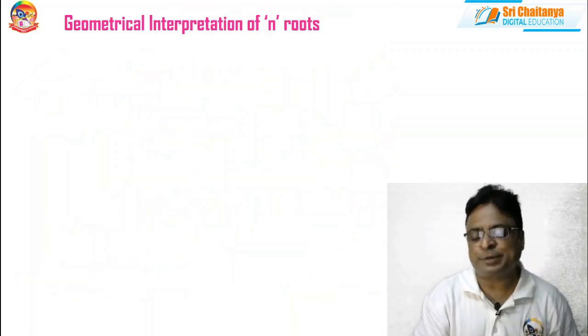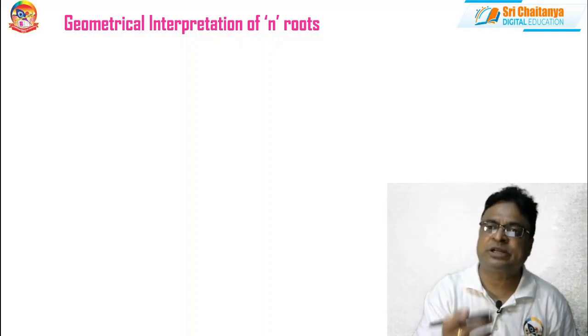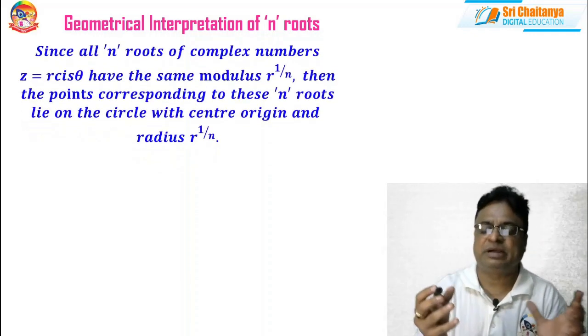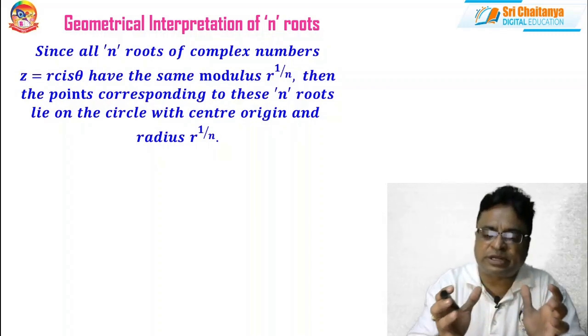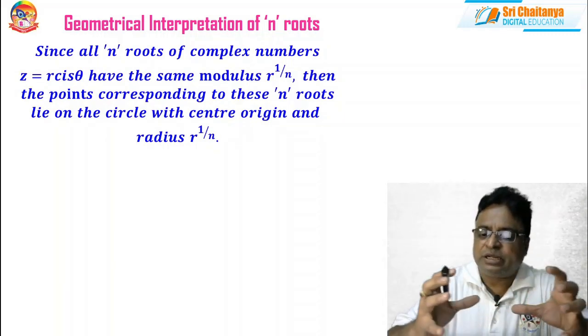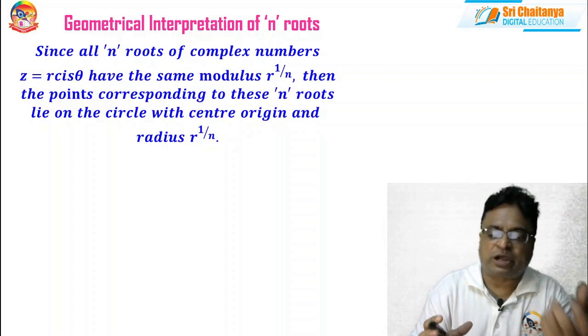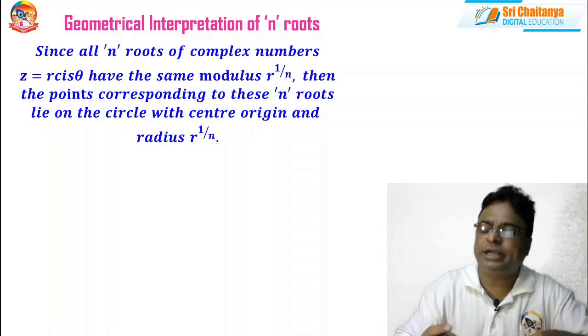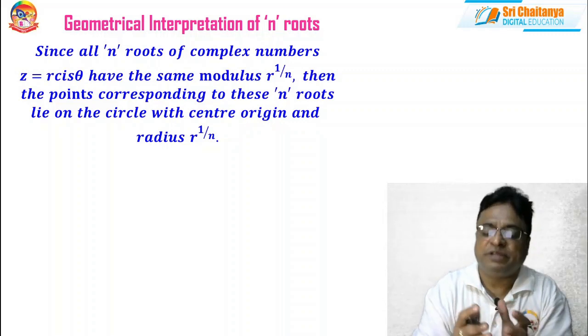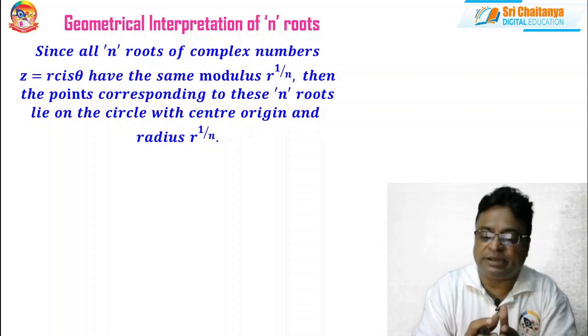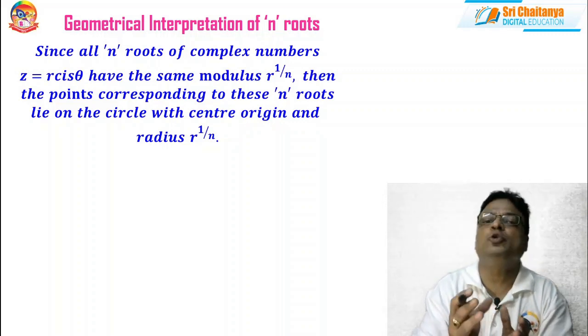Now I am giving a brief explanation of the geometrical interpretation of all these n roots. All these roots are located on the circumference of a circle with a phase difference of 2 pi by n.